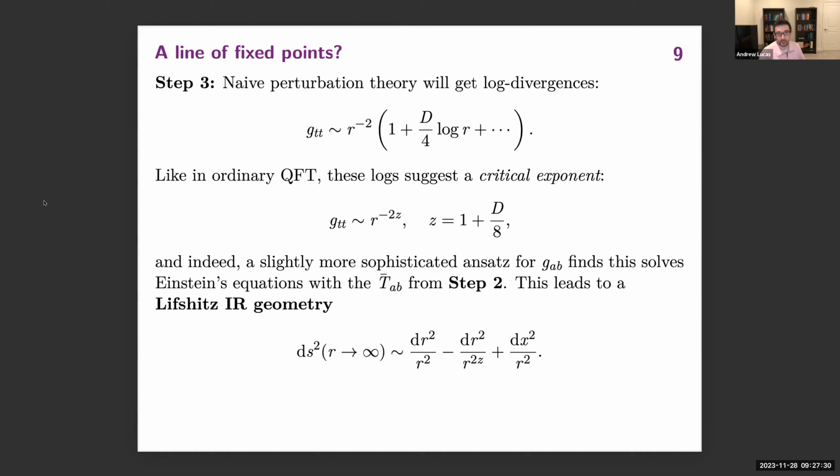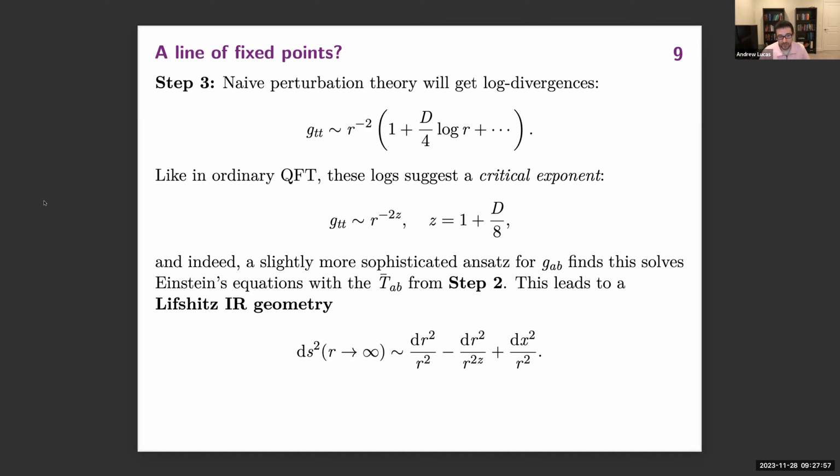And as written here, if you Taylor expand to first order in D, that's the naive thing, you'll indeed get this log divergence, okay? And so Hartnoll and Santos argued that the correct resummation of these logs will give you a Lifshitz IR geometry coming from this Harris marginal disorder, okay?